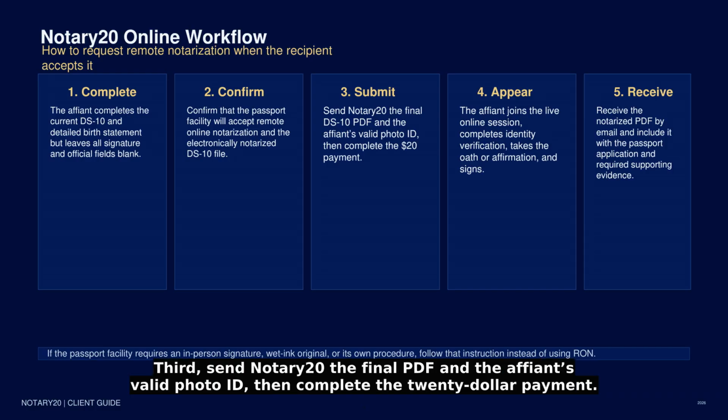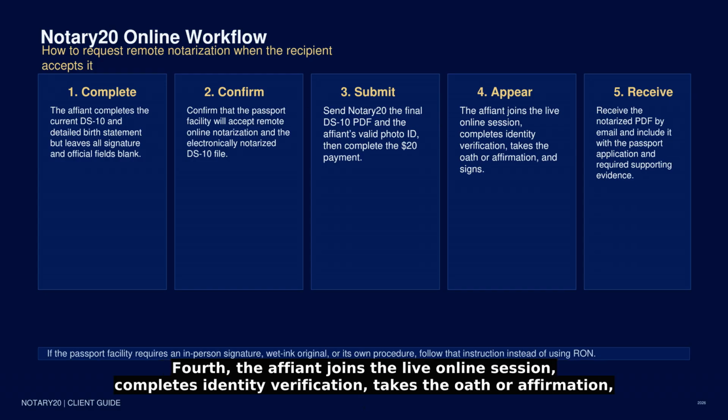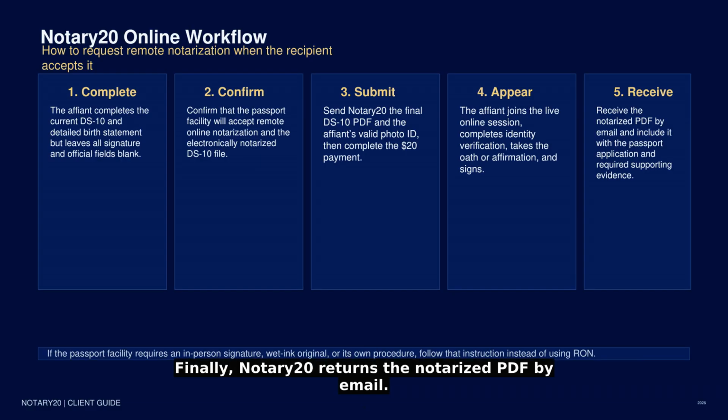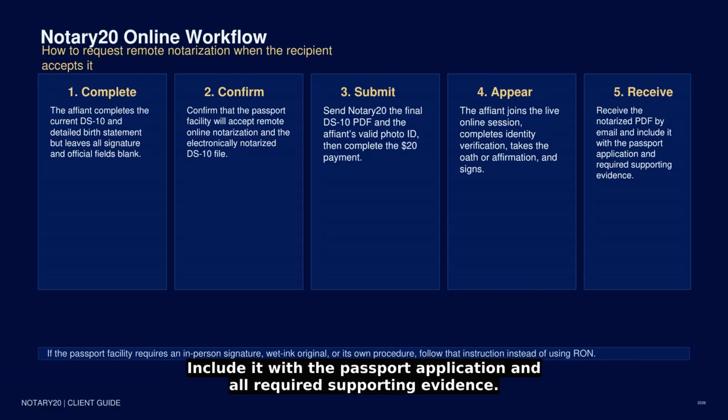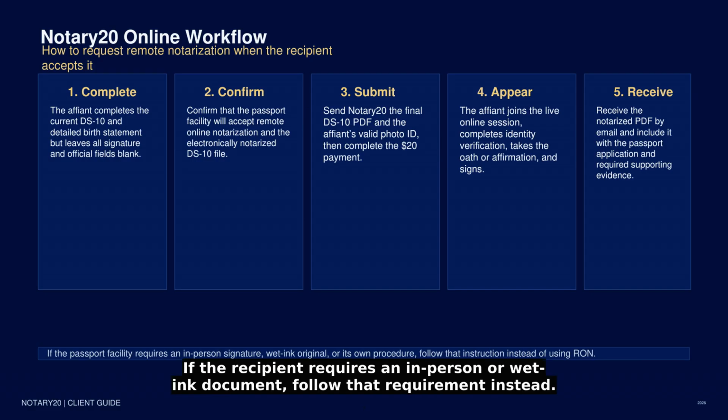Fourth, the affiant joins a live online session, completes identity verification, takes the oath or affirmation, and signs electronically. Finally, Notary 20 returns a notarized PDF by email, to be included with the passport application and all required supporting evidence. If the recipient requires an in-person notarization, follow that requirement instead.